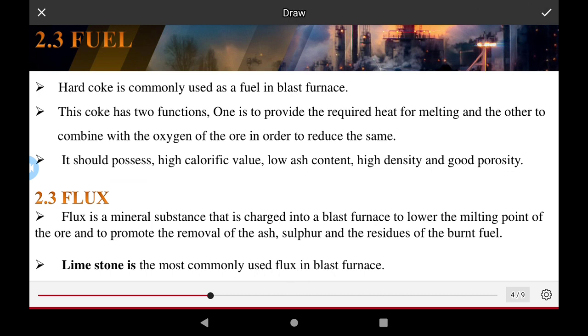What is flux? Flux is a mineral substance that is charged into the blast furnace to lower the melting point, promote the removal of ash and sulfur, and reduce the burn of fuel.